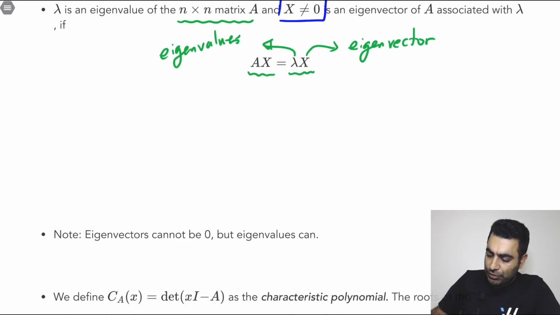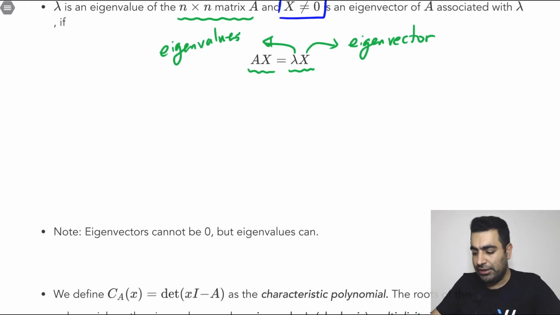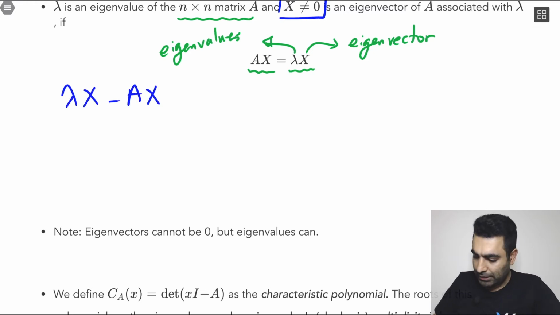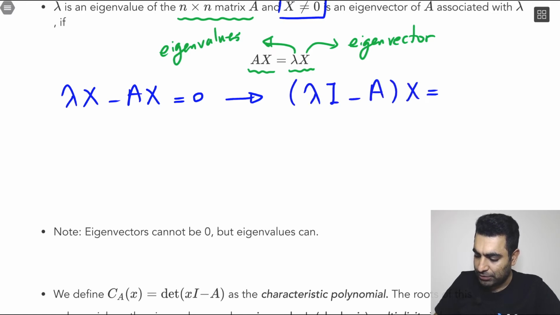What I'm going to do is rearrange the equation and write it down as lambda times x minus A times x equal to 0. What I did basically was bring Ax to the other side of the equation. Now we can factor out x and write this equation as (lambda I minus A) multiplied by x equal to 0.